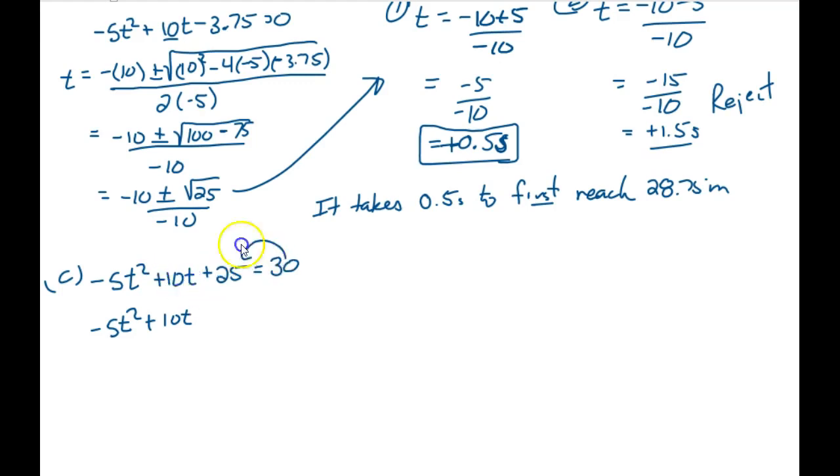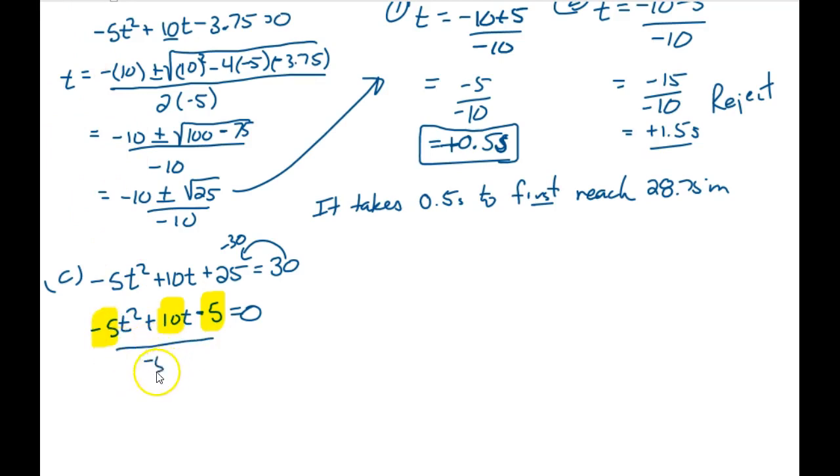Bring the 30 over with the 25. When it comes over, it becomes negative. So 25 take away 30 is a negative 5. 5, 10, and negative 5, they can all be divided by negative 5.